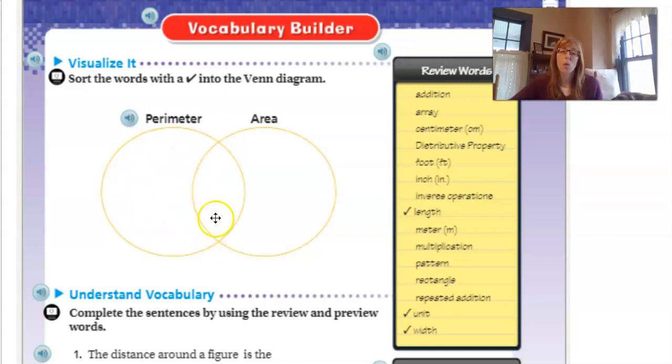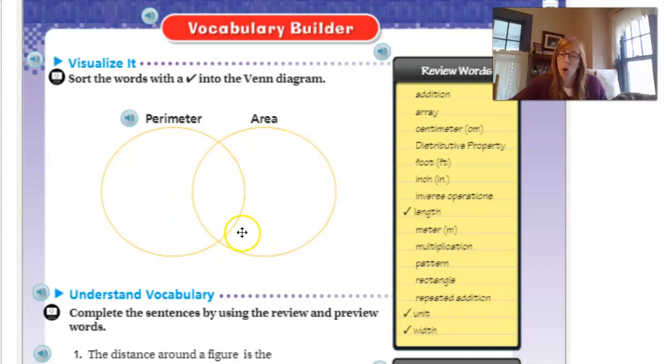So we're looking at a Venn diagram, and we can see the two circles, and they overlap. So this over here on your right hand side, or I'm not sure because it's backwards when it's recording. So in the perimeter side, this would be only the perimeter.